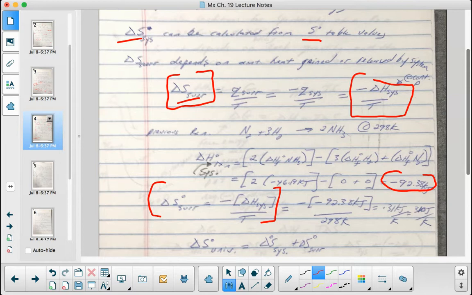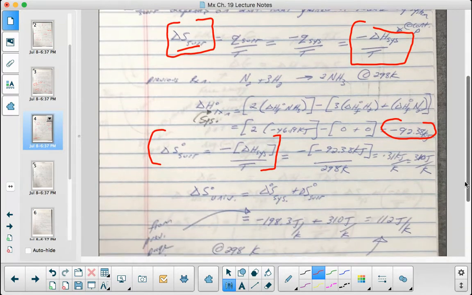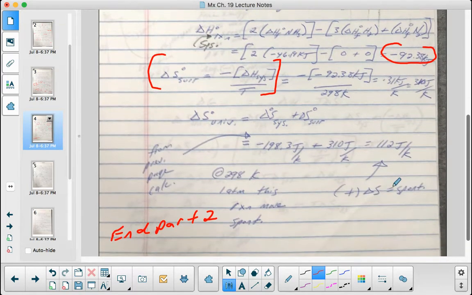So then, in order for me to calculate the delta S of the universe, which is ultimately what I'm trying to do, I take the delta S of the system, which I calculated on my last slide, and I add the 310, being careful that my units are the same, the 310 joules per Kelvin calculated from this formula here, and I get an overall value of 112 joule per Kelvin.